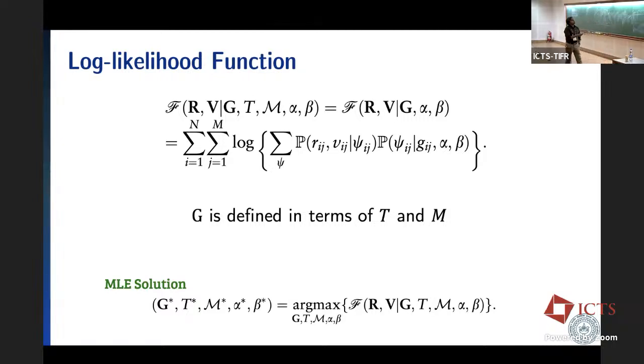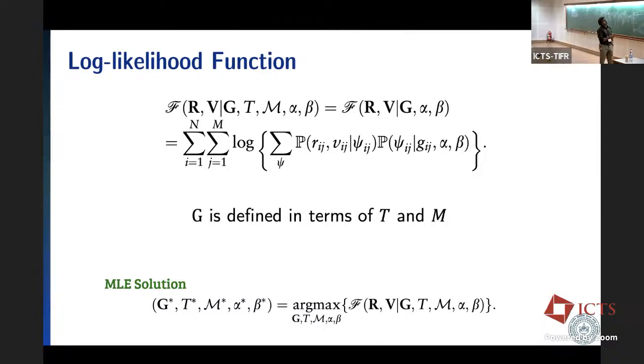This is very simple. Basically we have a log likelihood function, so the product is becoming a sum. So sum over the number of sites, sum over the number of cells, and inside the log is the probability of this two-step process: given the true genotype, we obtain a library genotype, and from the library genotype, the sequencing data is generated, right?